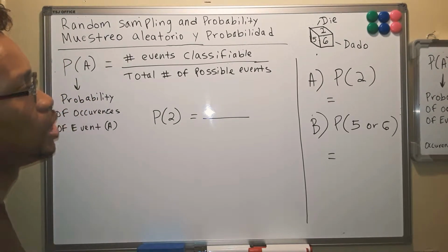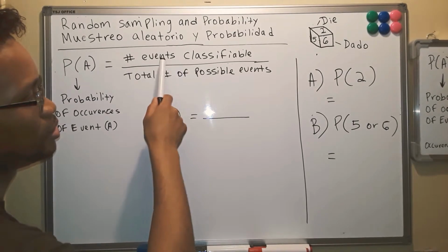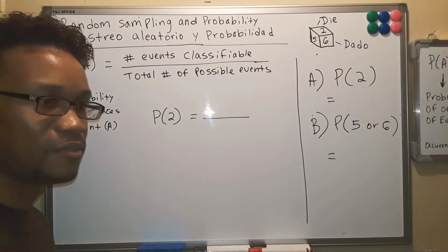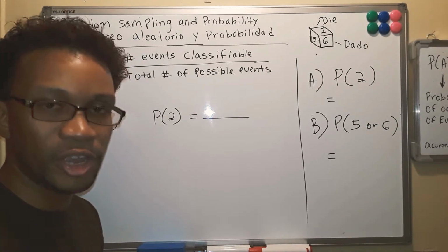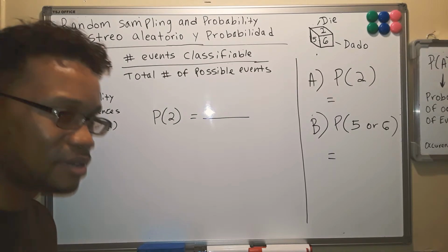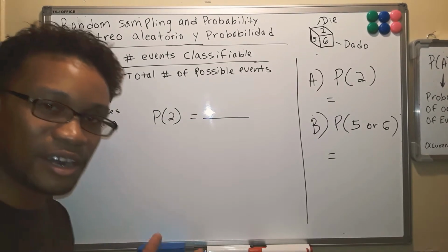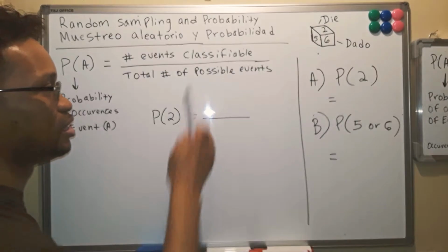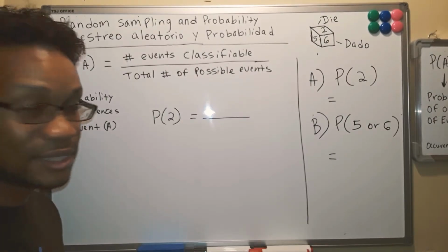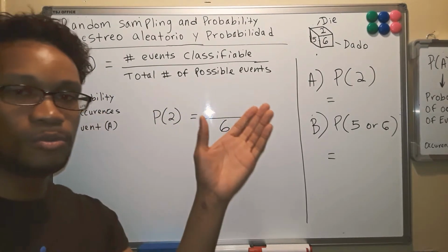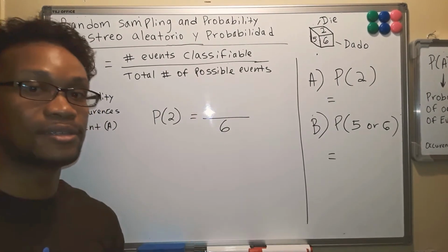The top number is the number of times the event occurs, and the bottom is the total number of possible events. What is the limit, the possible amount of numbers that you could get? So obviously the bottom one has to be 6, because a die only has 6 sides.